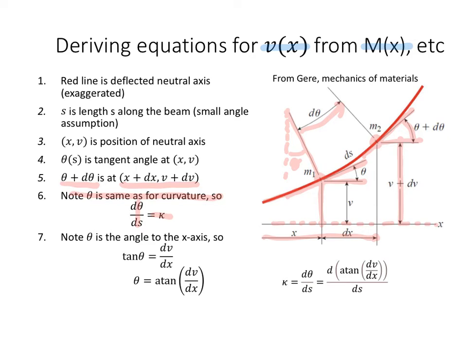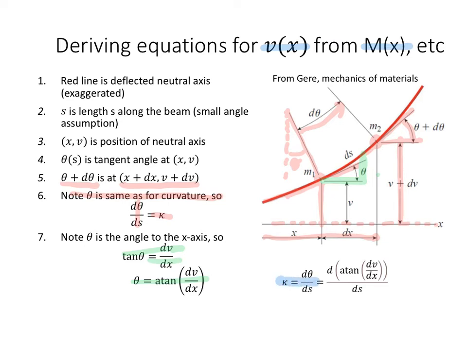So if we focus on a position here, we have tangent of theta is dv divided by dx. That is, it's the opposite over the adjacent length. So that's this equation. And therefore, theta is the arctangent of the derivative dv dx. And so we can rewrite that then.